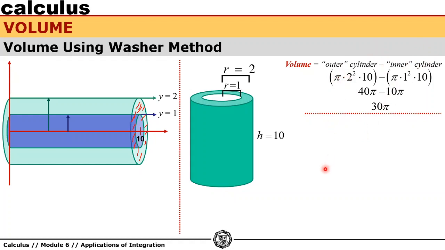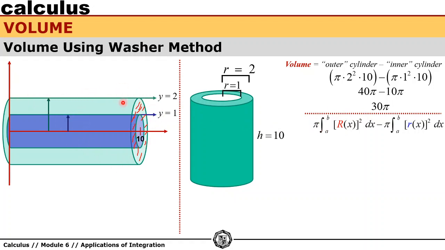To start this process, the first thing I want you to consider is that we're going to get the volume of the outer cylinder by doing pi times the integral from a to b of the outer radius function squared. This is very similar to the disk method. You're going to think about this green portion of the graph here.